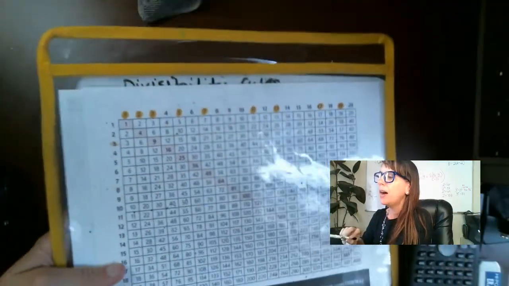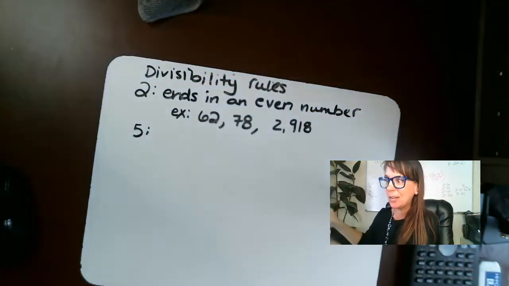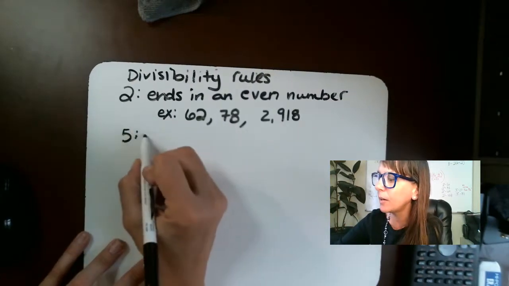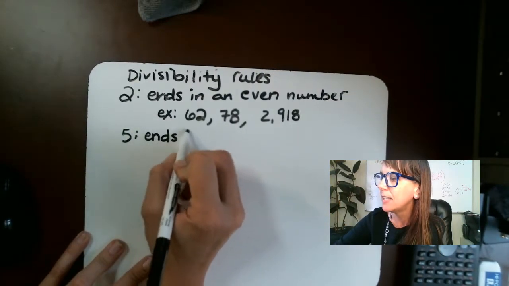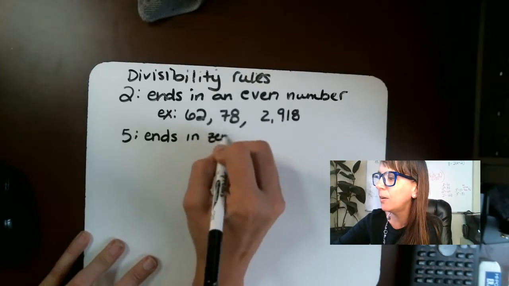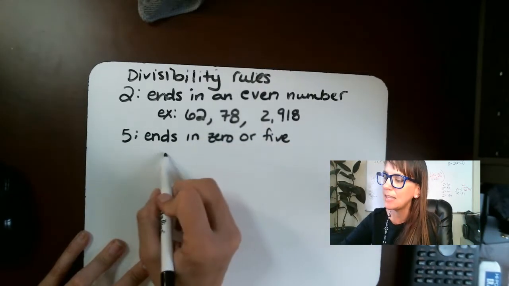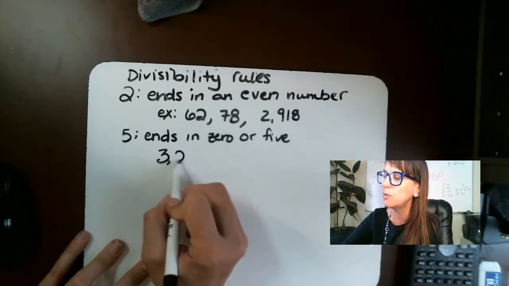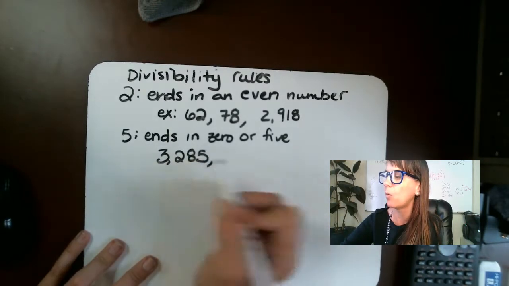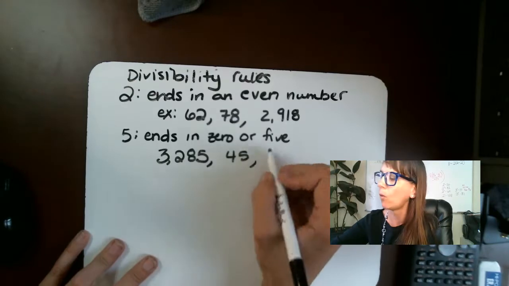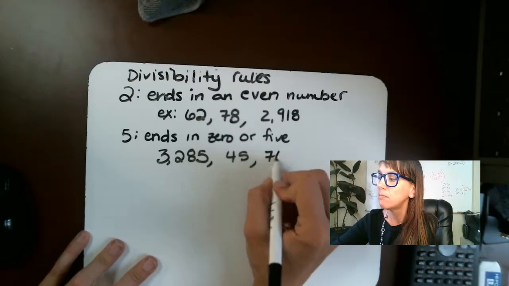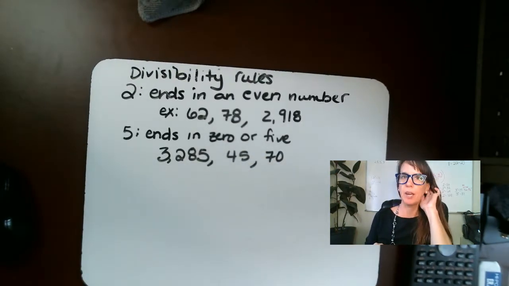All of those end in a 0 or a 5. So what you want to write in your notes is: ends in 0 or 5. Things like 3,285 or 45 or 70. All of those are divisible by 5, okay?